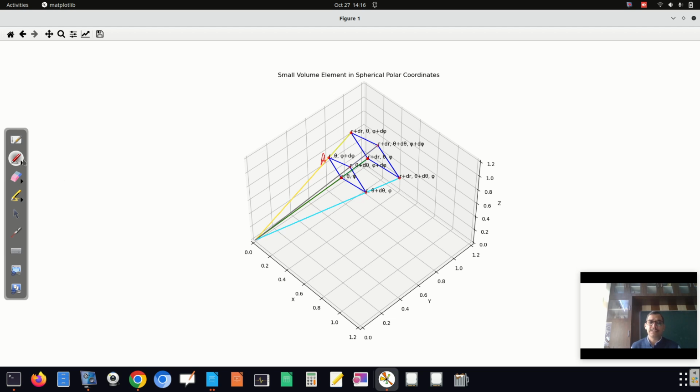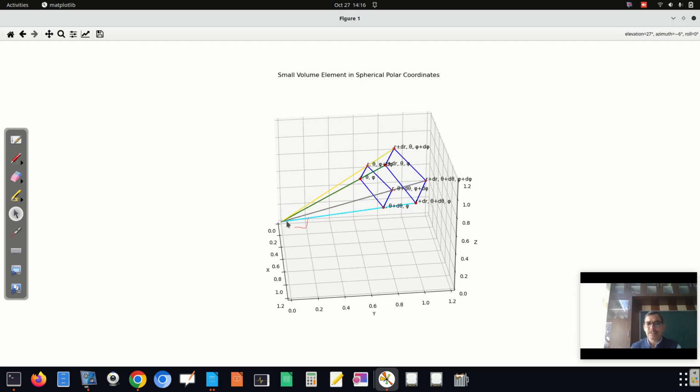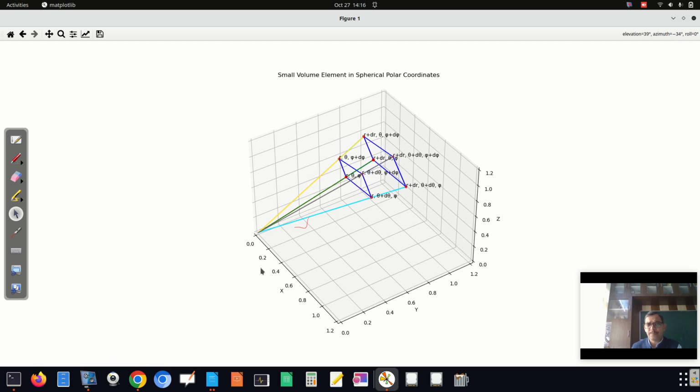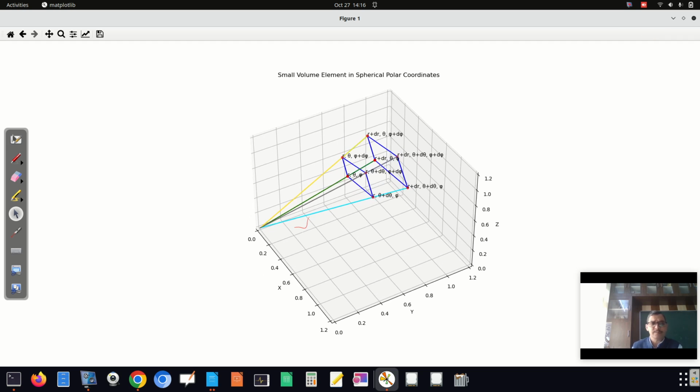Let me mark this first of all as ABCD. So this point is A. Say this is B, this is C and this is D. Similarly, this point is A prime, this point is B prime, and say this point is C prime, and say this is the D prime.